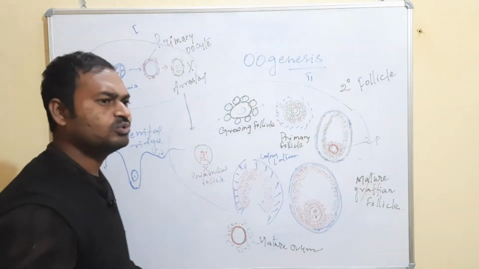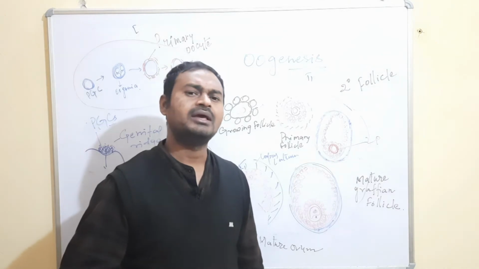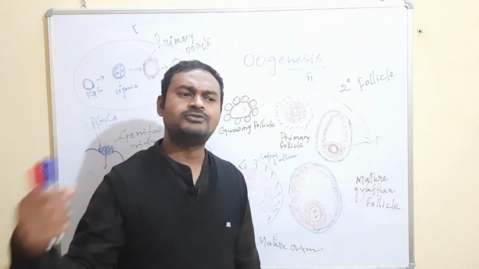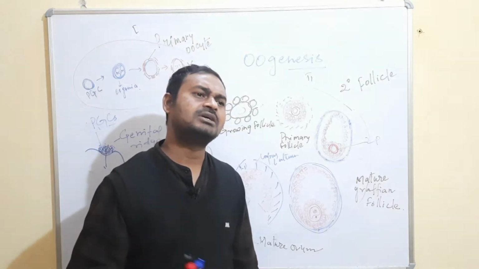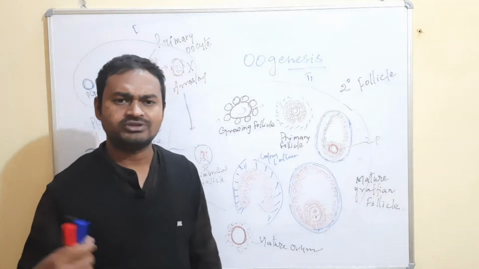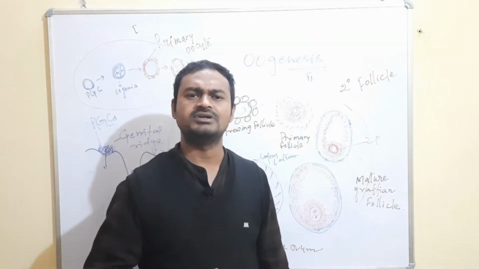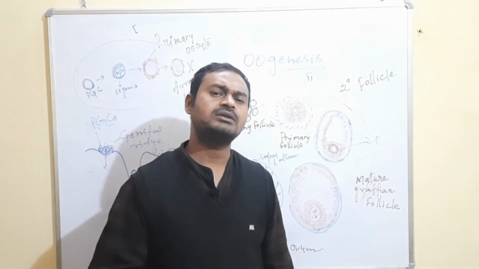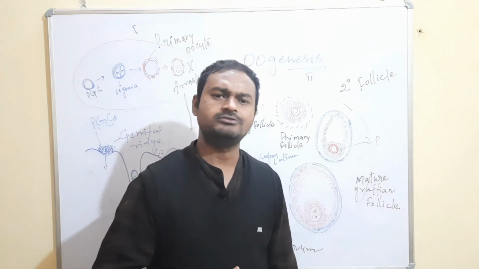After that they go into the atresia phase, and at the birth of a baby about 2 million remain, and then only 40,000 survive. These 40,000 turn into mature Graafian follicles, and out of these, only 400 turn into an ovum in the life of the female individual.